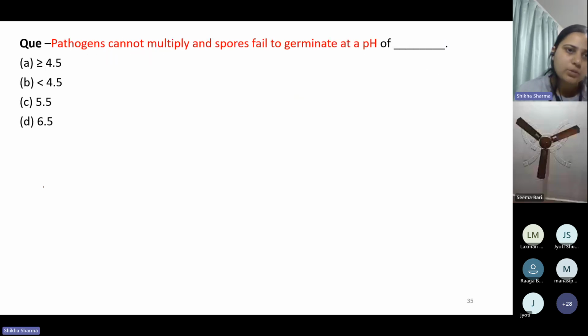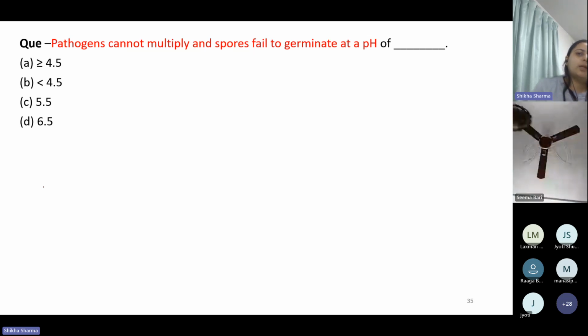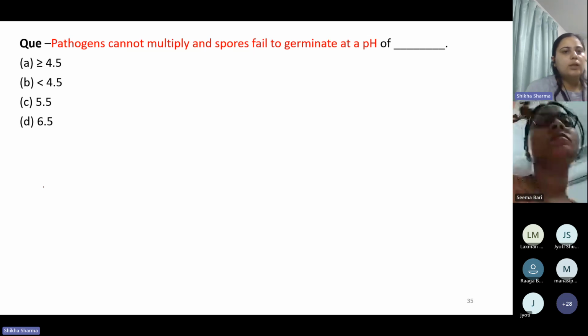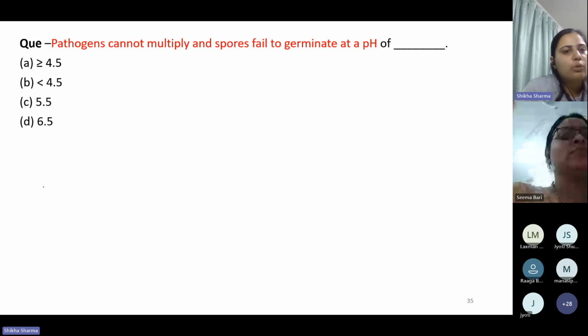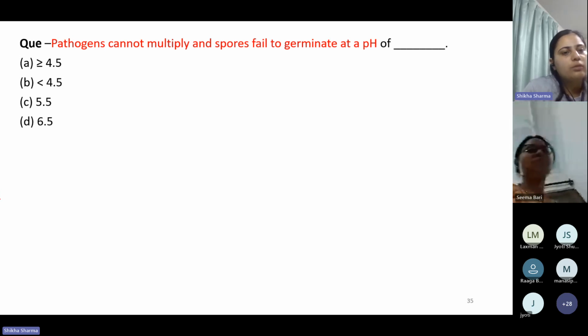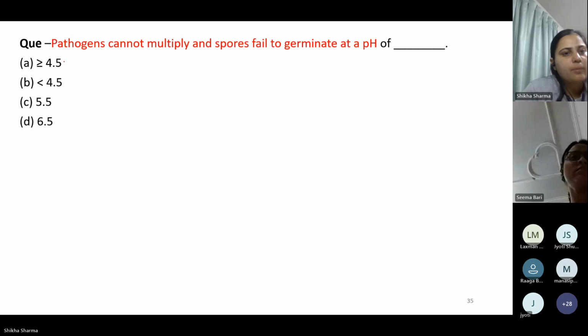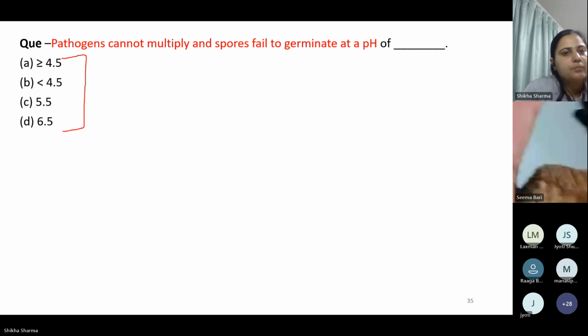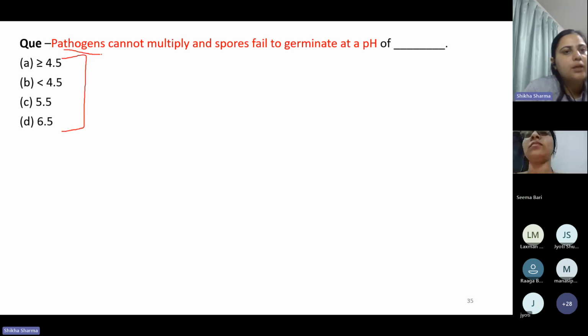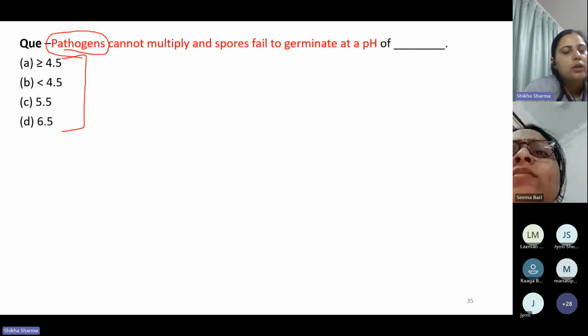Next question: pathogens cannot multiply and spores fail to germinate at a pH of greater than 4.5, less than 4.5, 5.5, or 6.5. At this pH, even pathogens cannot grow, and spores cannot germinate.